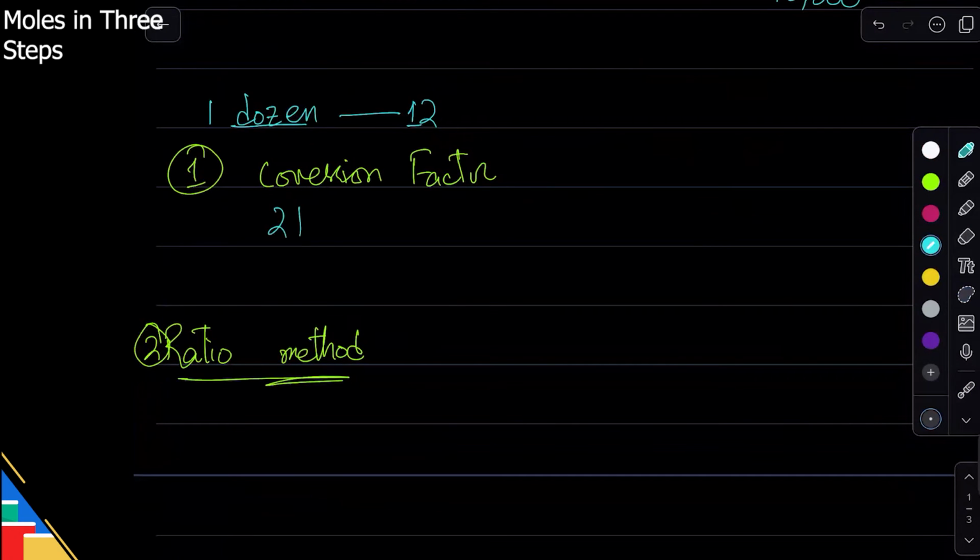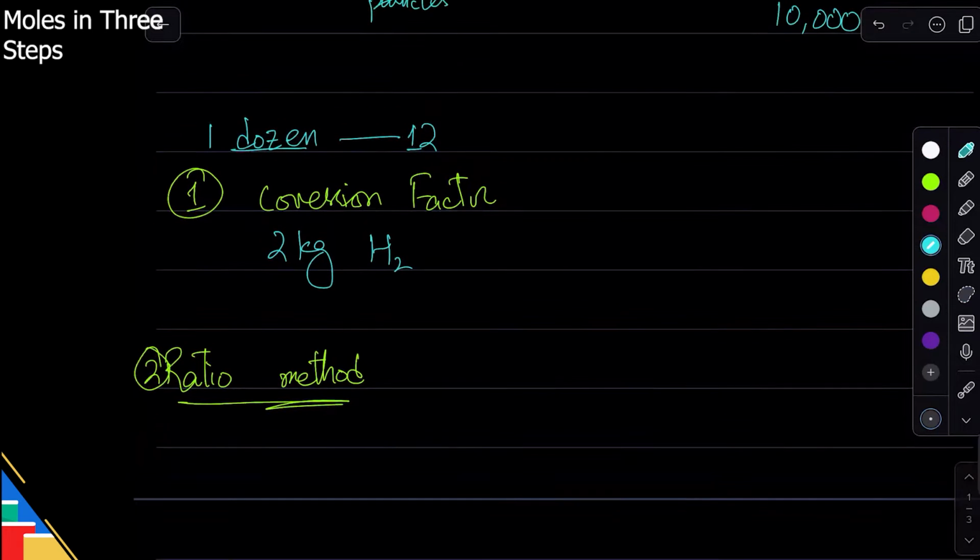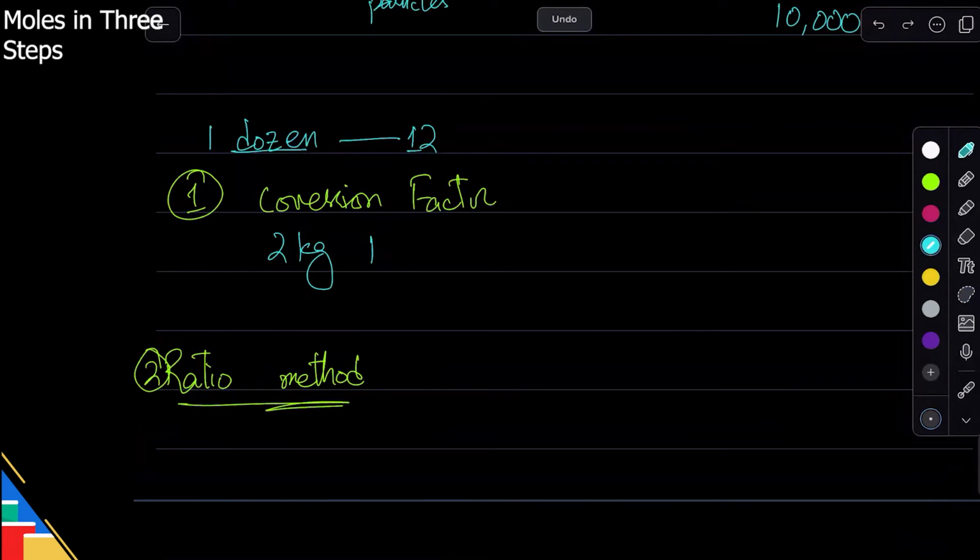Let's see. I have 2 kilograms of water, and I want to find moles. How do I do that? I need to know the conversion factor. What's the conversion factor? For water, the conversion factor is MR, which is the MR of water, which is 2 hydrogen, 1 oxygen.